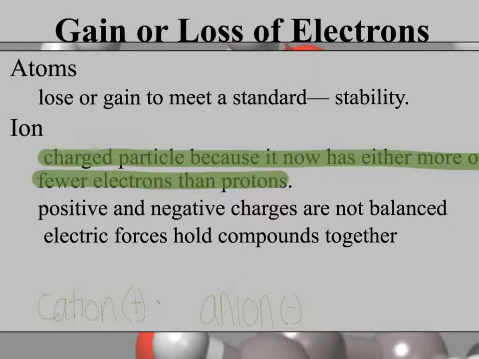Just to recap, electrons are negative, protons are positive. And remember, electrons are on the outside, in the cloud rotating around the nucleus. Always remember that protons don't change, because they're packed tight inside the nucleus, and protons are what identify the element.